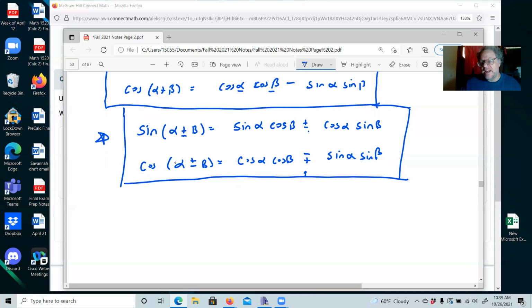It happens like every 10 problems. So if you didn't memorize it, it's not the end of the world, but it will be the end of the world if you don't memorize it for this quiz. So memorize it for this one, but it's not like logarithms, where you have to know it forever.